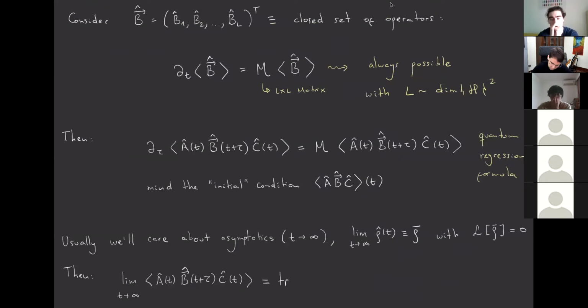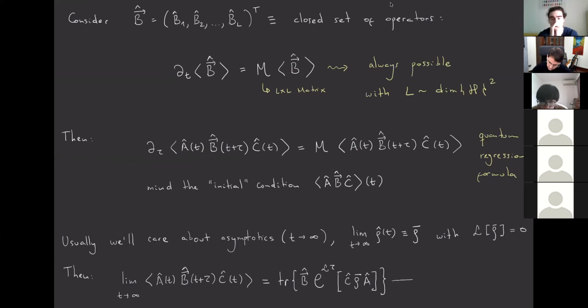So we get an expression that looks like this. So it's a trace of B, then the evolution induced by the master equation during the delay time, acting on, and then this was C, steady state A. Okay? So this is it.